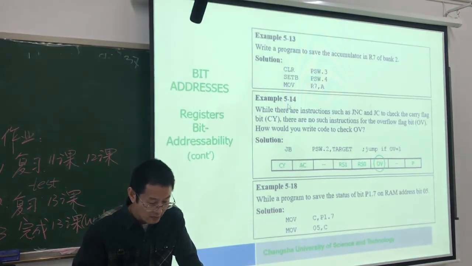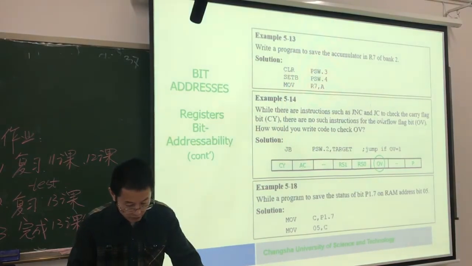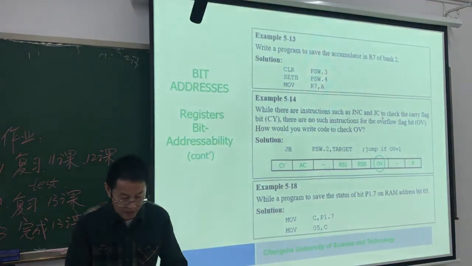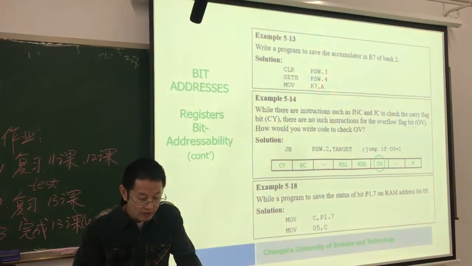Here is another program. There are instructions such as JNC and JC to check the carry flag. There is no such instruction for the overflow flag bit. So we just use PSW.2, because OV is bit 2 of the PSW.